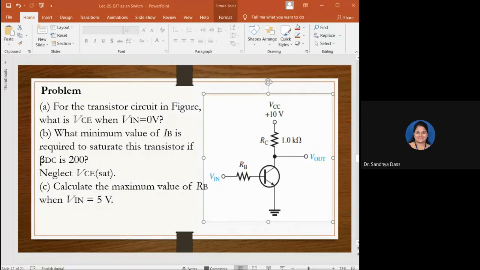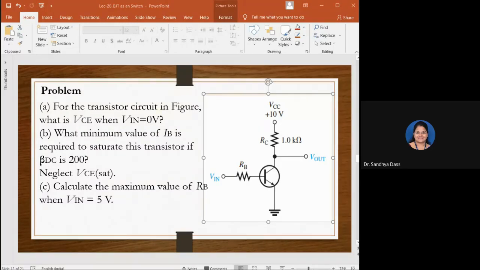How do we get the solution for the first one? For the transistor shown in the circuit, if Vin is 0, then what should VCE be is the question.